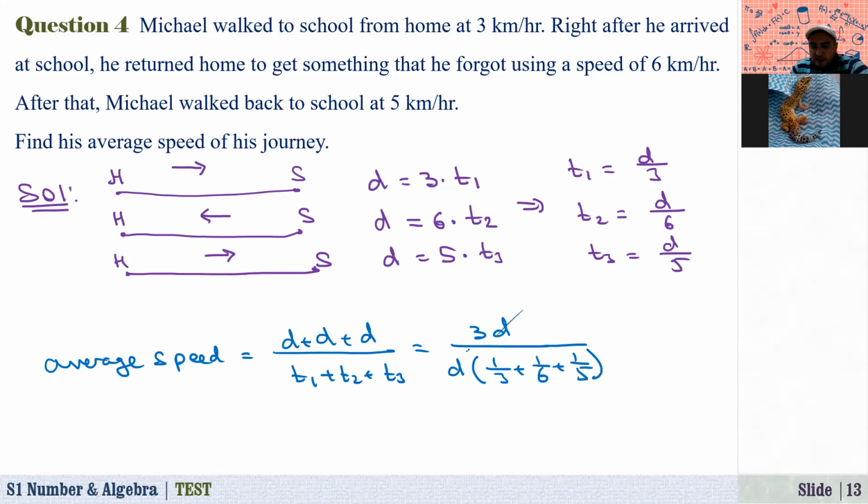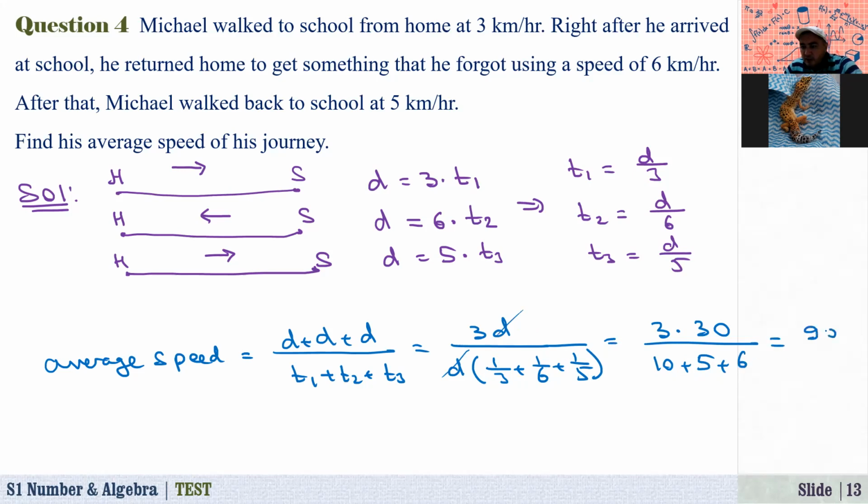Now D cancels out. What is the least common multiple of 3, 6, and 5? That is 30. Let's multiply numerator and denominator by 30. So here we have 3 times 30 over 30 times 1 over 3, that is 10; 30 times 1 over 6, that is 5; 30 times 1 over 5, that is 6.